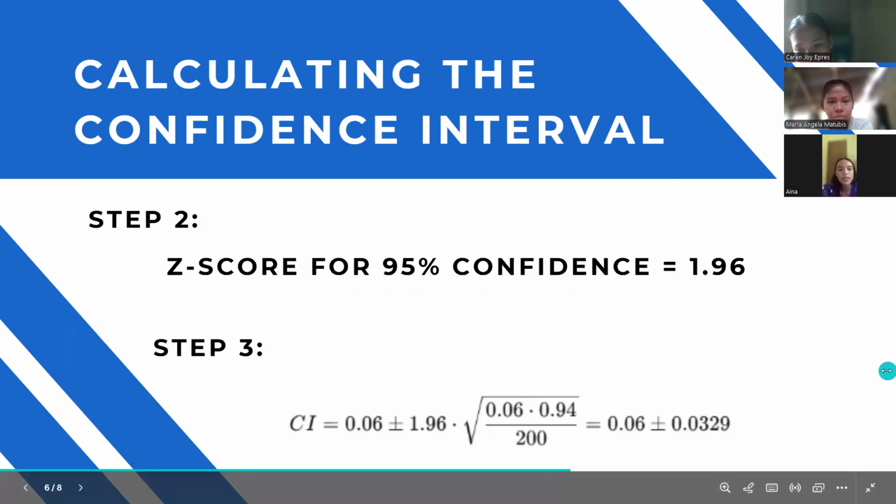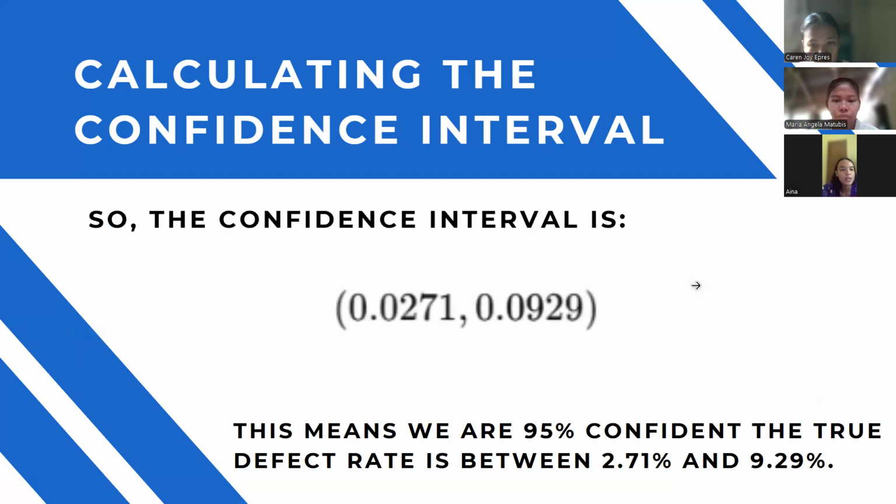So, the confidence interval is 0.0271, 0.0929. The confidence interval is between 2.71% and 9.29%. This means we are 95% confident that the true defect rate falls within this range.